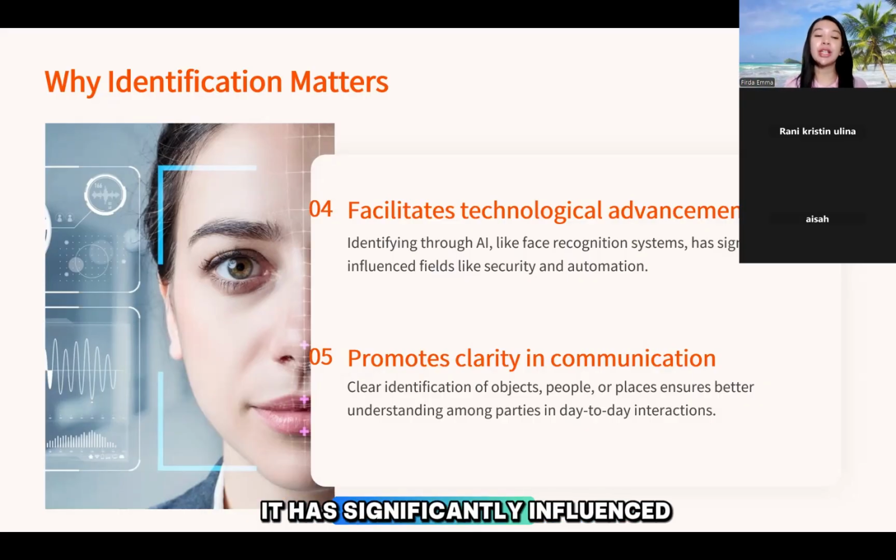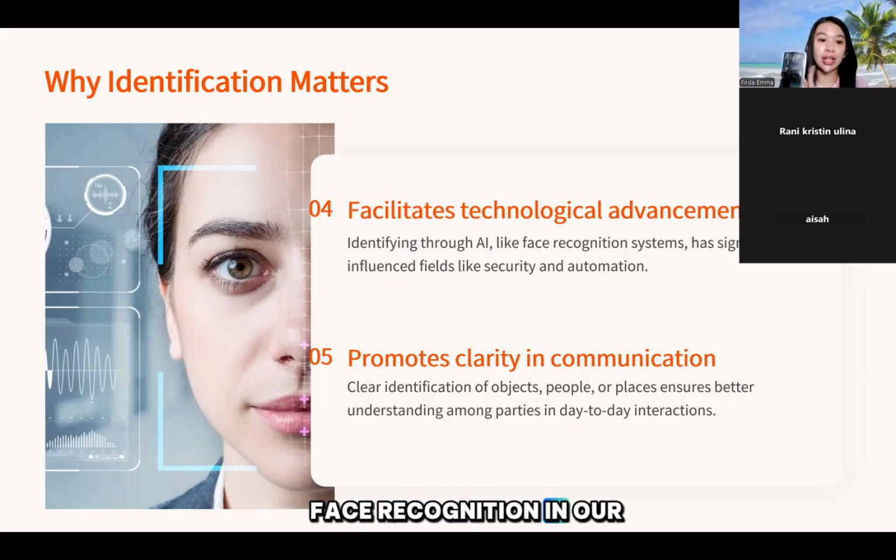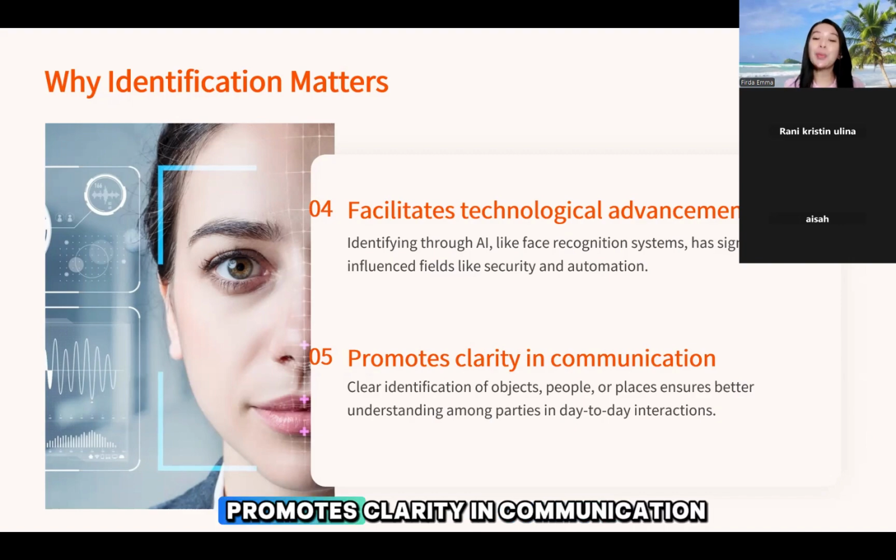It has significantly influenced fields like security and automation. With fingerprint and face recognition on our phone, we can make our phone more private, not allowed for other people. So the last reason why identification matters is because it can promote clarity in communication.